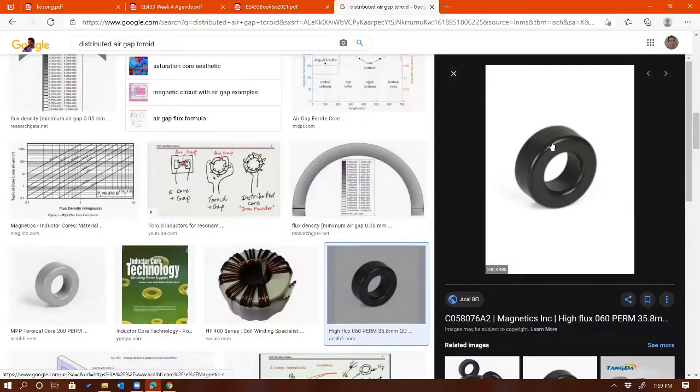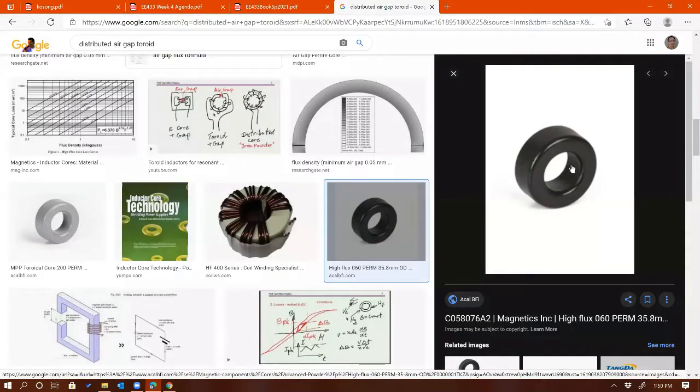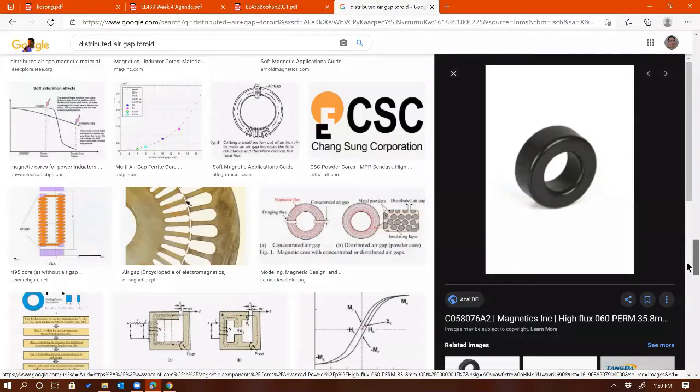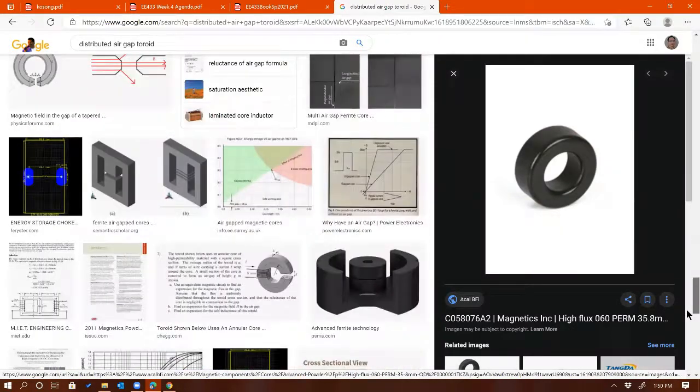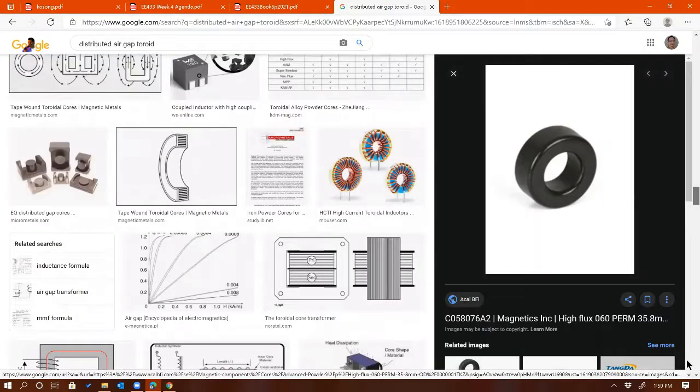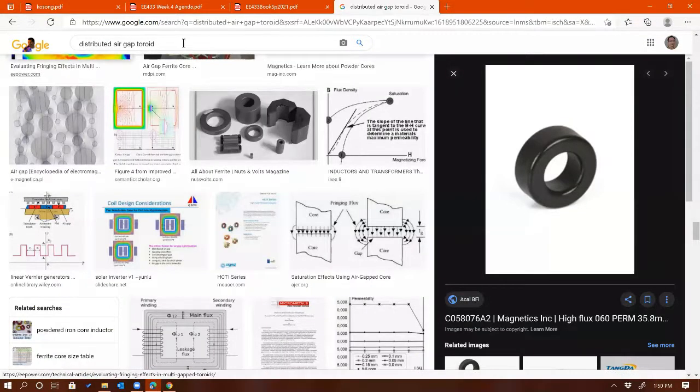Yeah, something like this. It looks the same as just a standard or typical toroid core, but when you look at the data sheet, it'll state that the core has a distributed air gap. Unfortunately, I couldn't find a manufacturer's website that has the toroid core. But that's something you might want to keep in mind in the future when you are designing an inductor and you want to use a toroid.